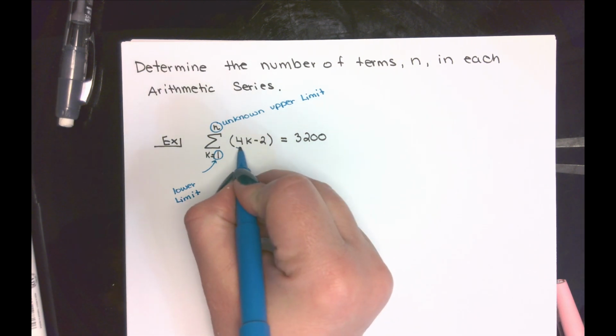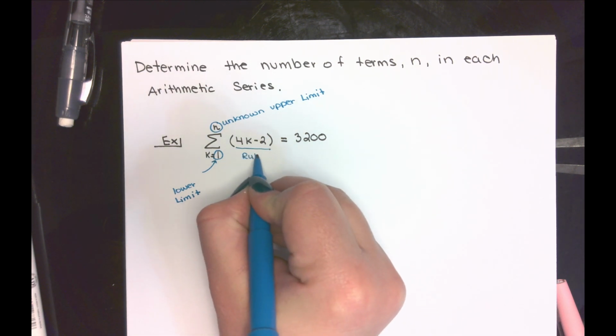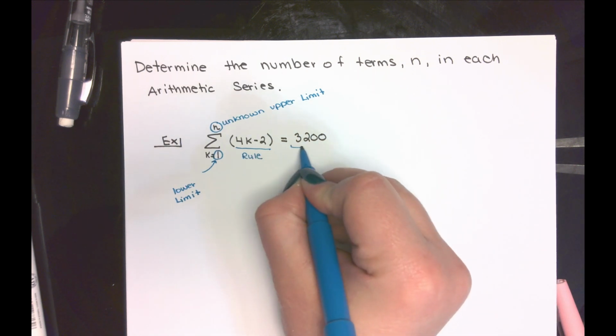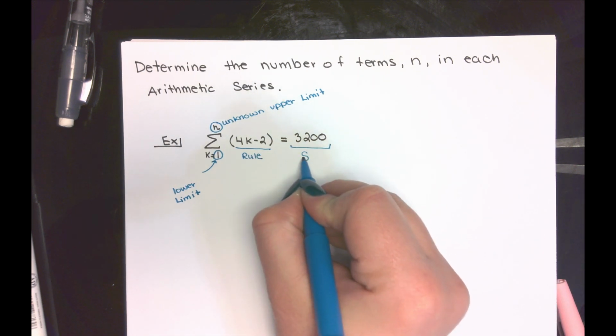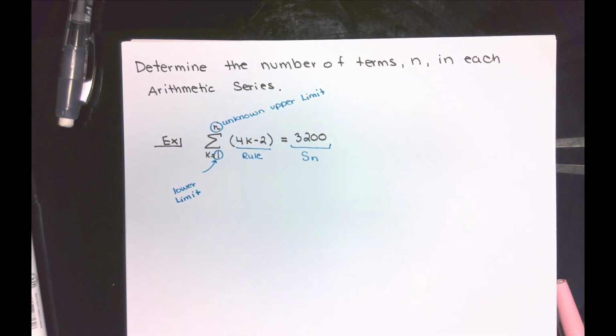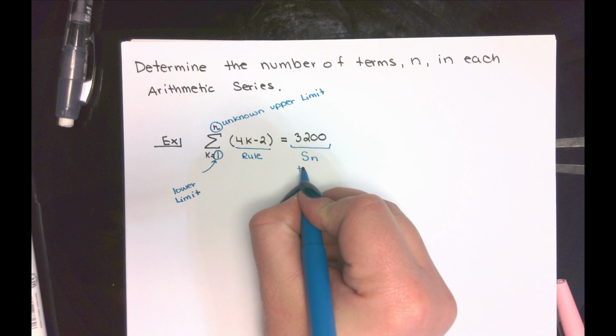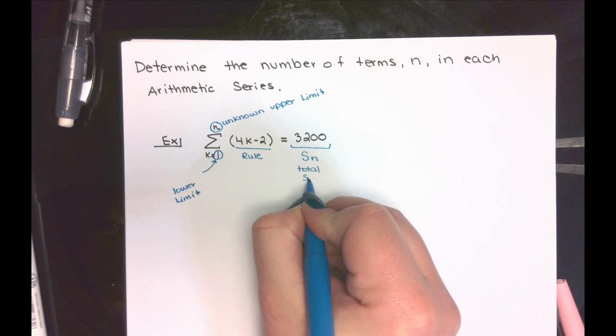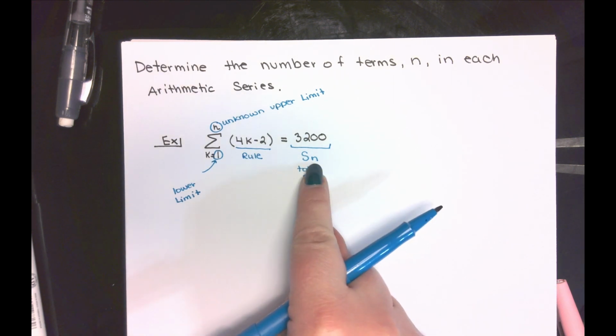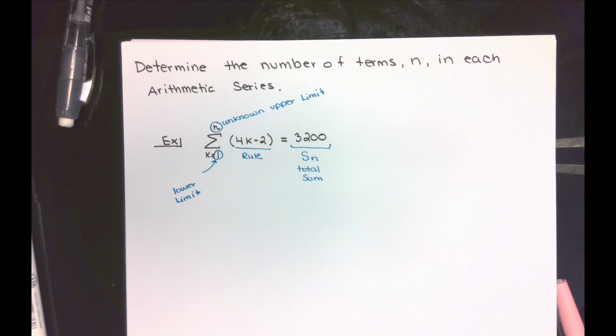Next, you have your explicit rule. Then you have your actual summation. This is your S sub n. After you've added a certain quantity of numbers, this is the total sum. Notice that I did put S sub n because we don't know how many terms we've added together.